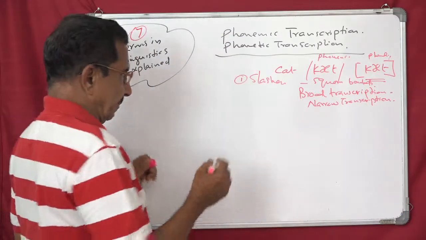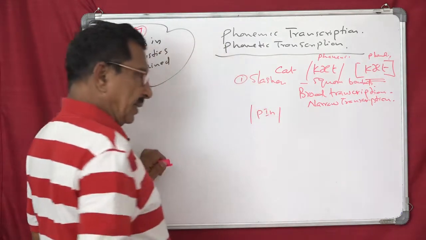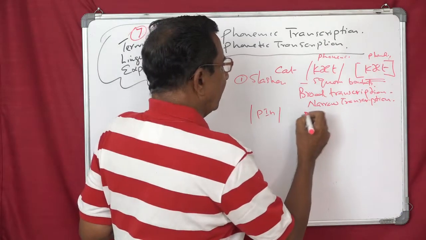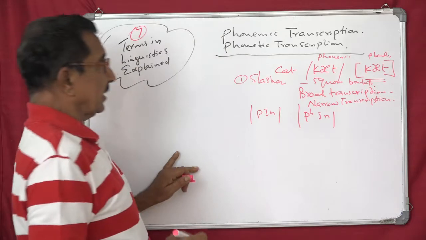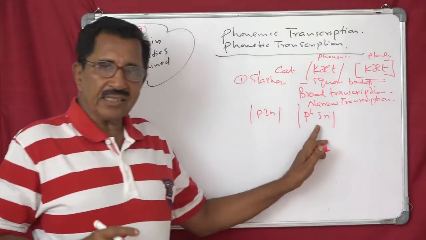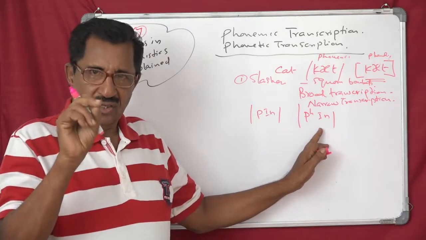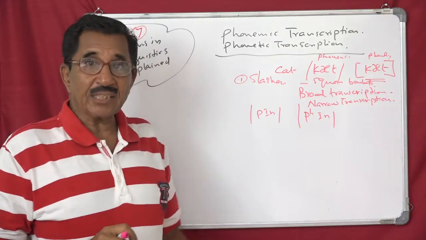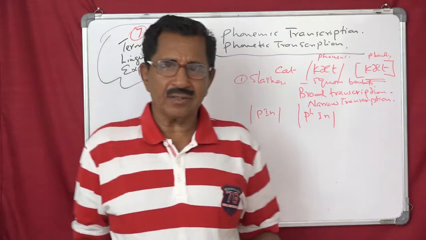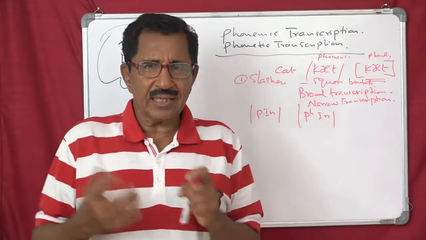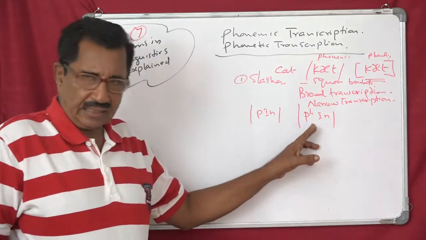When you say pin, this is a phonemic transcription, but here it is phonetic transcription, because you are giving additional information about it. This superscript small h means p is aspirated, pin. English people know it, they have already internalized it, and therefore they don't require this written like this.